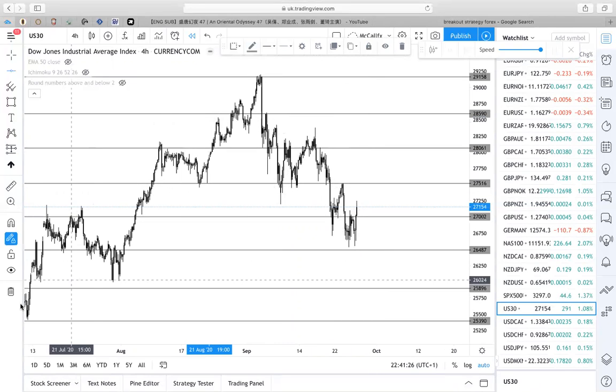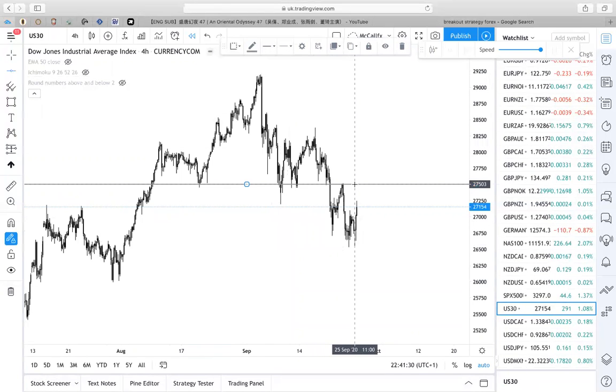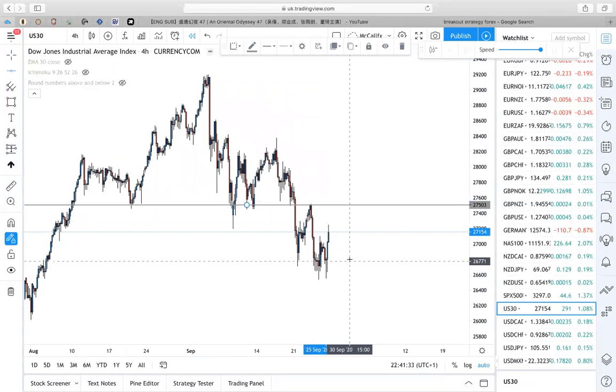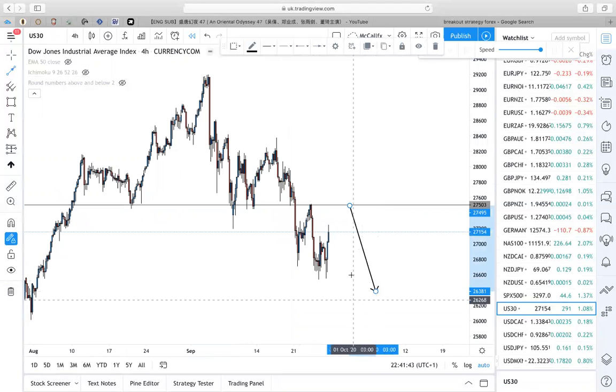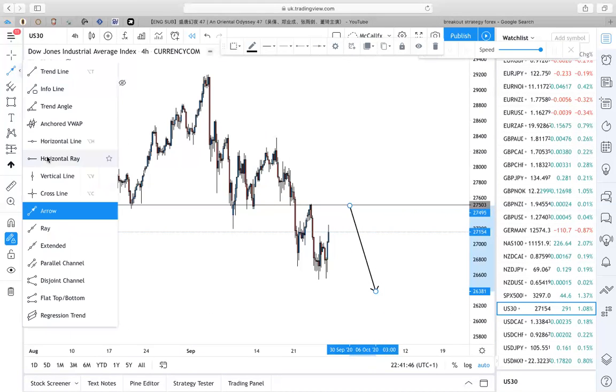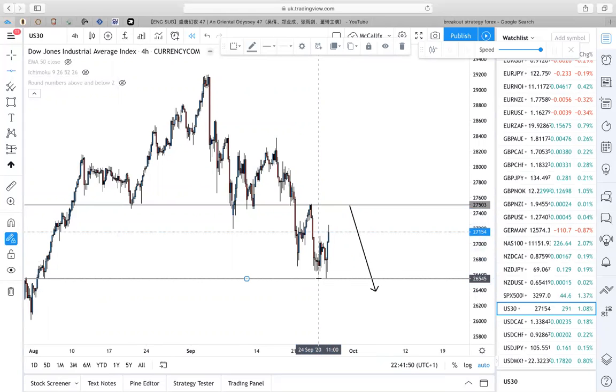I don't need this. So what I really do is keep just this one. If price hits this and I see a rejection like this, then obviously what am I expecting price to do? Price should drop. What is my next level? It's going to be here. So I have two lines.